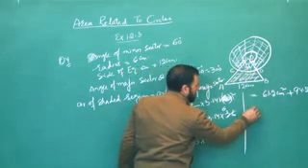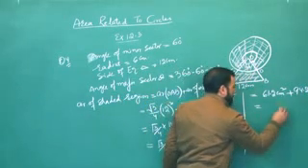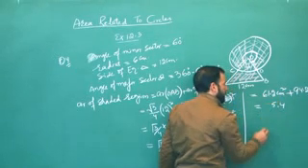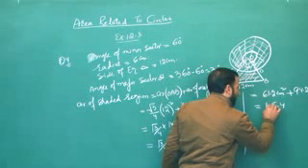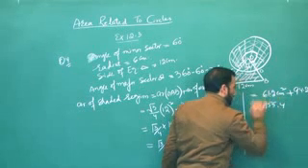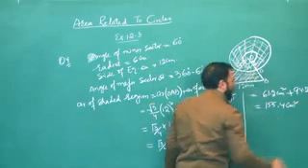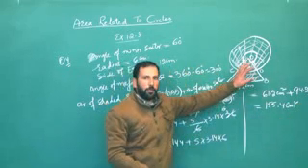So the area of the design is equal to, 4.4 plus 1 is 5, and 9 plus 6 is 15. It implies 155.4 square centimeter is the area of the shaded region.